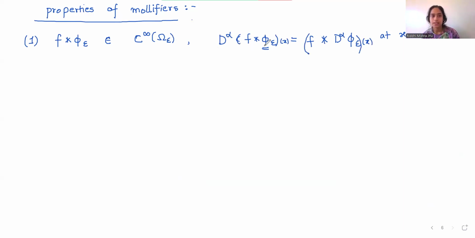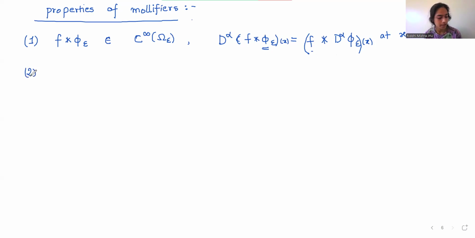This can be done by computation. You can calculate the derivative of this and then you will get that the derivative is also a convolution of f with the derivative of phi epsilon.